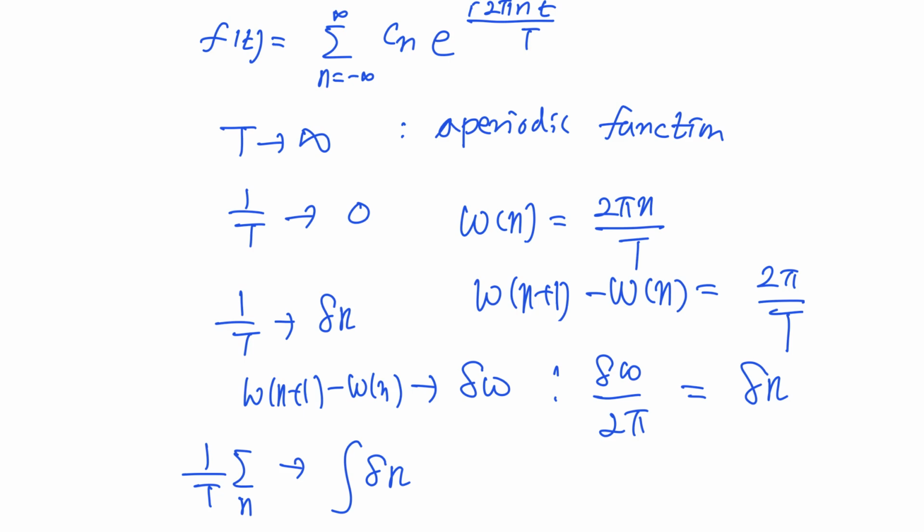The summation over n, when T goes to infinity, if we divide by T, we can really consider some integration. The small change of index over T, n divided by T, is a very small number, right?